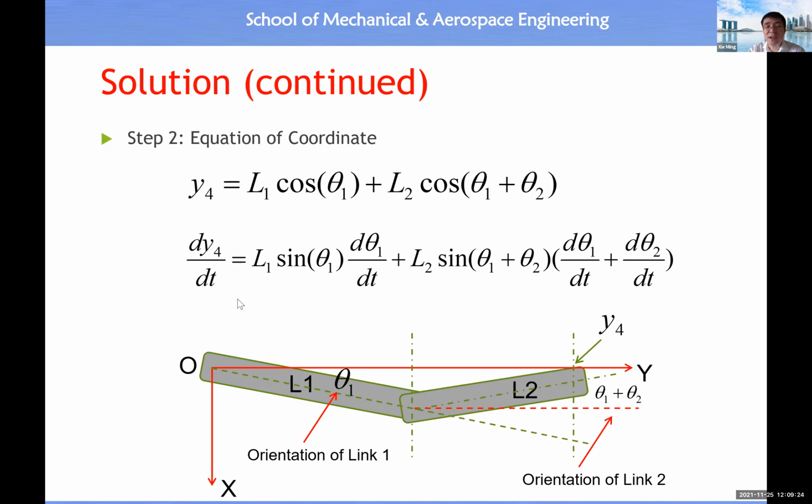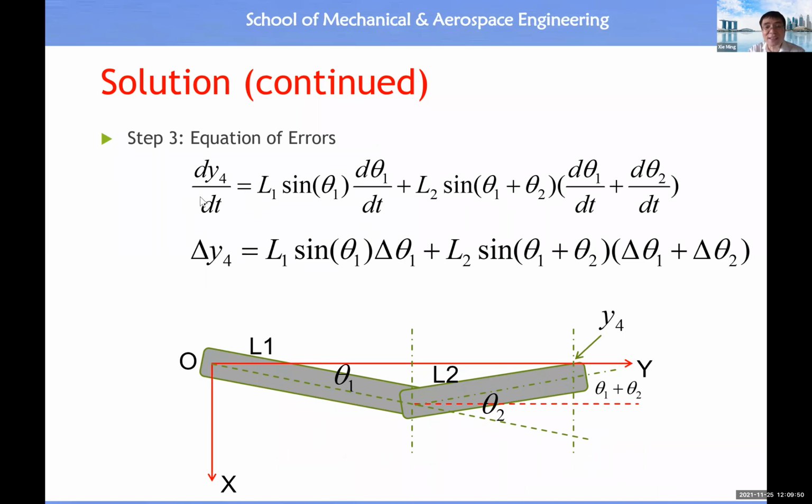Okay, so we just compute the first order derivatives with respect to time. Then this is a velocity relationship, and here we can consider dy as Δy approximately. Let's say the dt becomes Δt. Then this becomes an error within the time interval Δt. Then the Δt terms can cancel out.